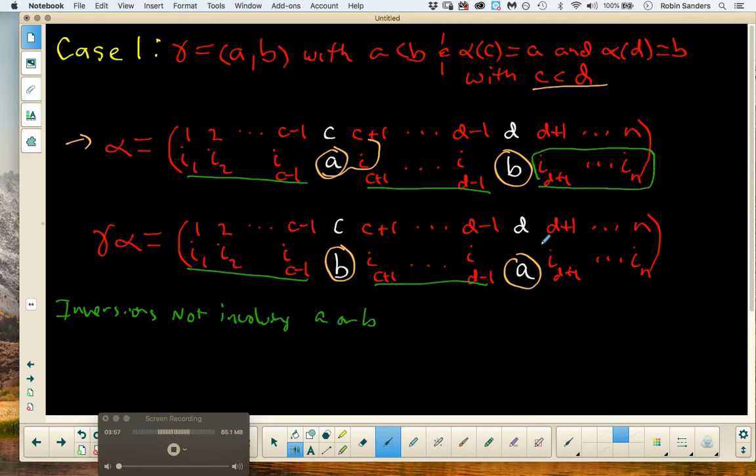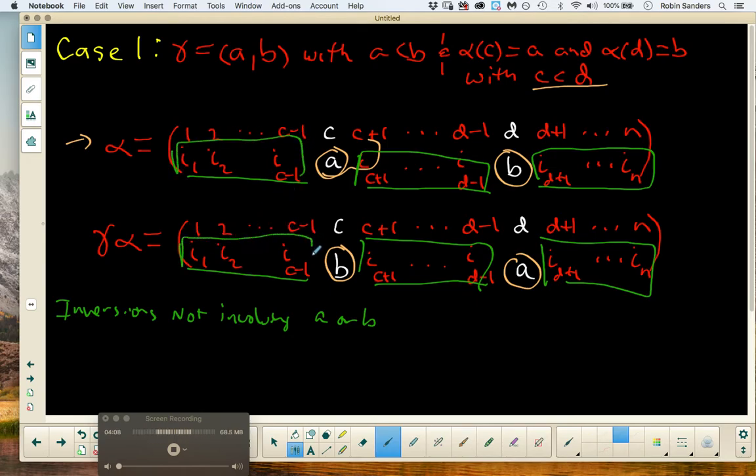And I'm going to box these things in. What I want to notice is that the order of the stuff in the green boxes is exactly the same.